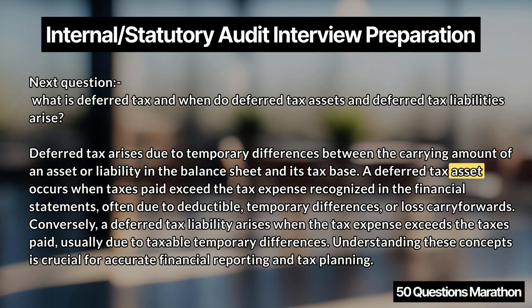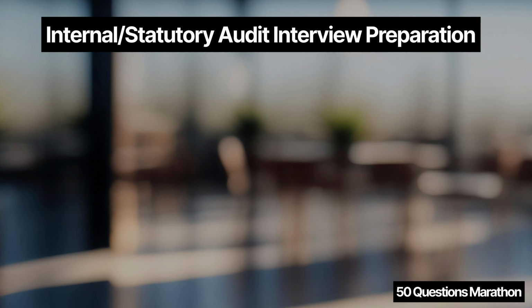A deferred tax asset occurs when taxes paid exceed the tax expense recognized in the financial statements, often due to deductible temporary differences or loss carry forwards. Conversely, a deferred tax liability arises when the tax expense exceeds the taxes paid, usually due to taxable temporary differences. Understanding these concepts is crucial for accurate financial reporting and tax planning.